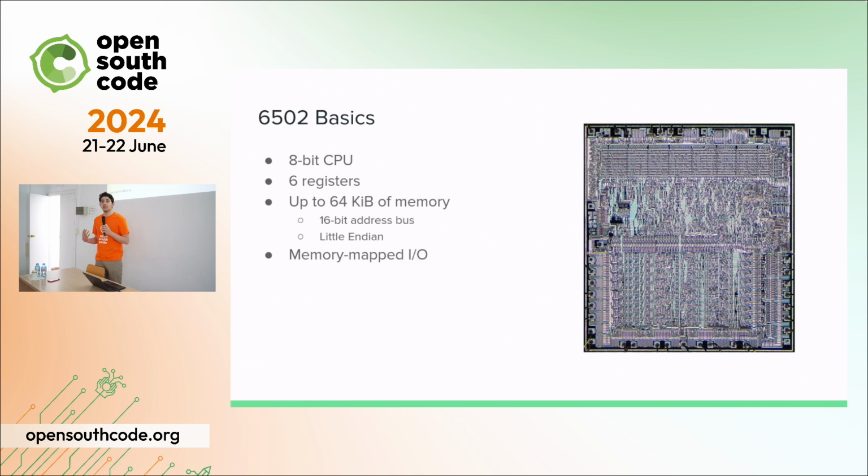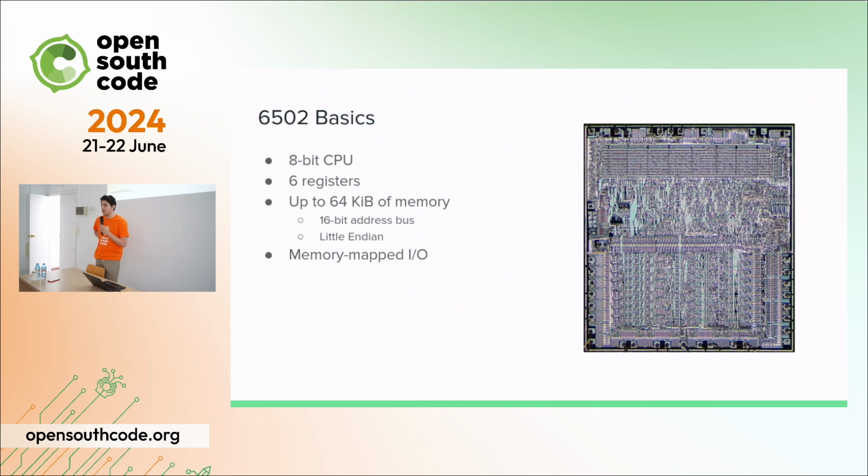Before we start into the process of how to write the dynamic recompiler, let's talk about a bit of the 6502's basics. The 6502 is an 8-bit CPU, so almost all the registers are 8 bits.